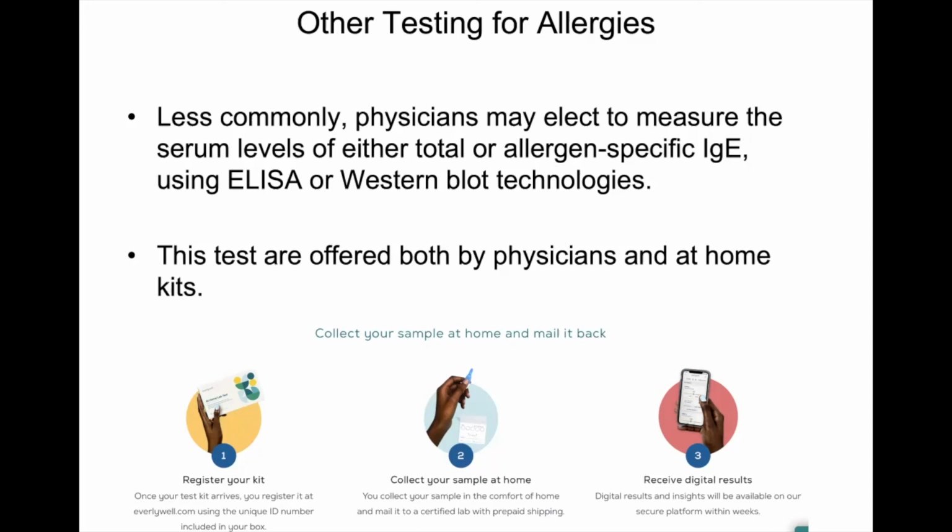You collect a sample at home, put some blood droplets onto blotting paper and send it in, and then they isolate the antibodies from that, and you get digital results. Those digital results are meant to be user-friendly. So a lot of times the information that you would get from a physician isn't in there. It's more like they've determined that this has reached the threshold, and yes, you have enough IgGs to say that you're allergic to it.